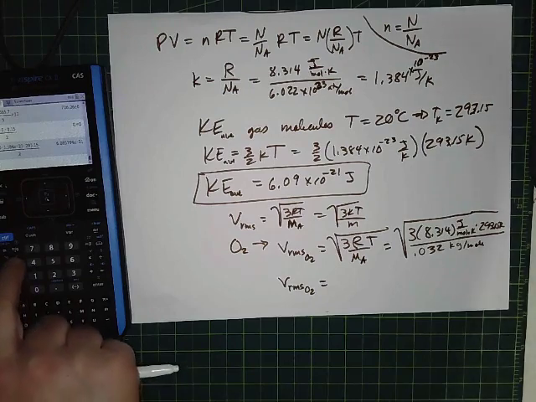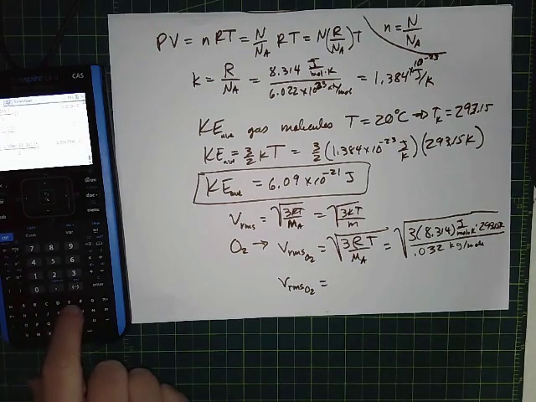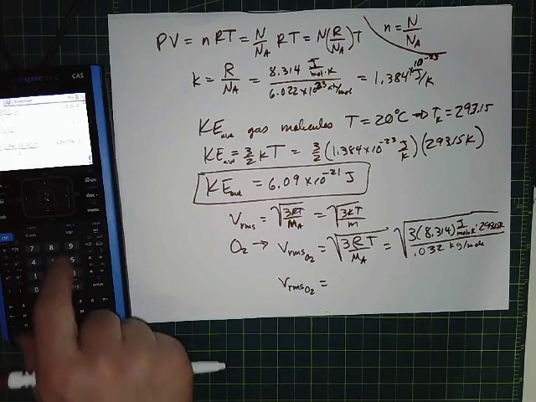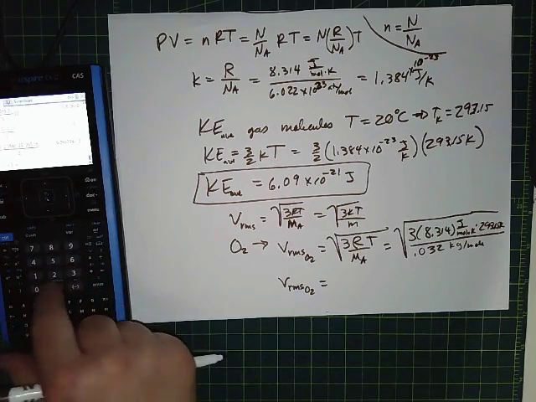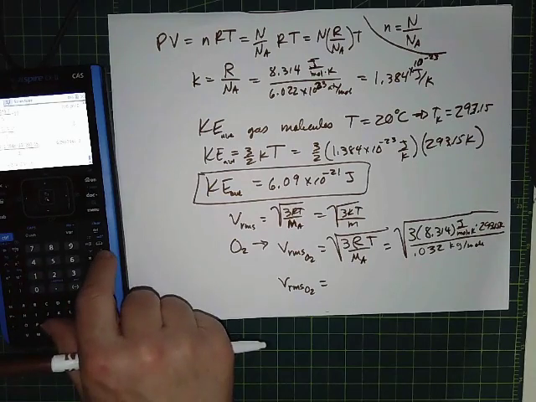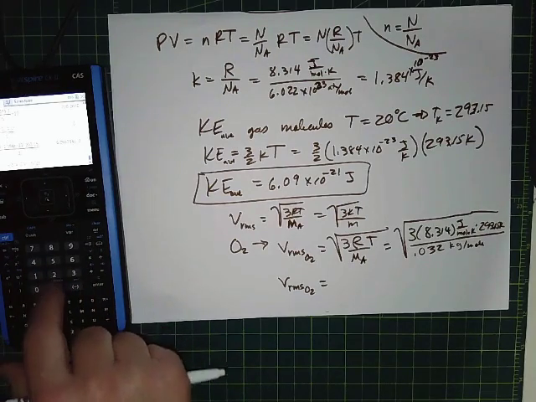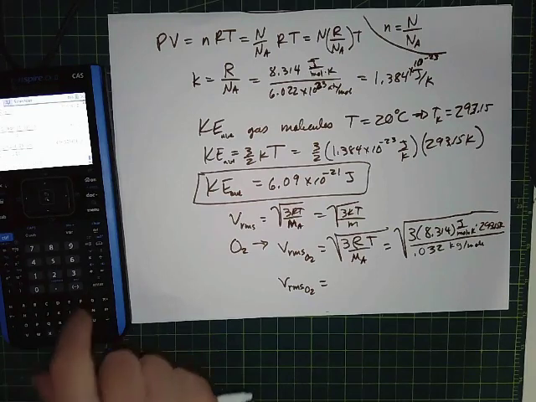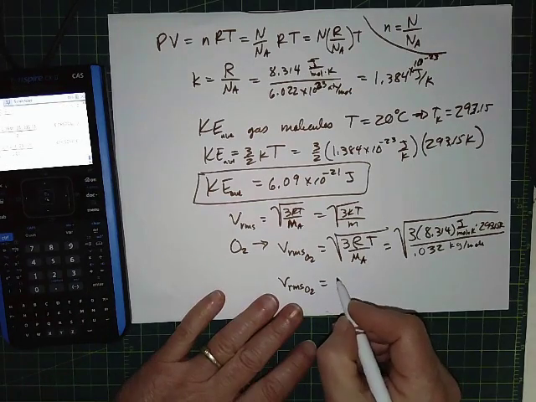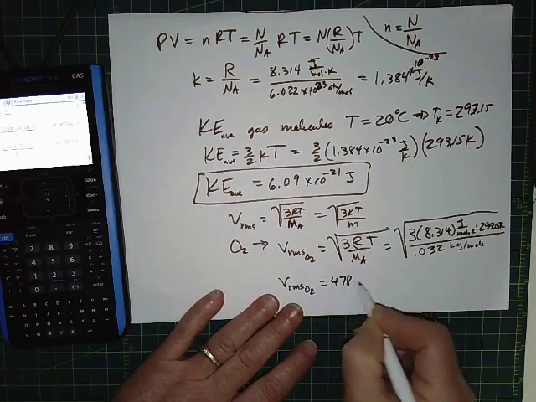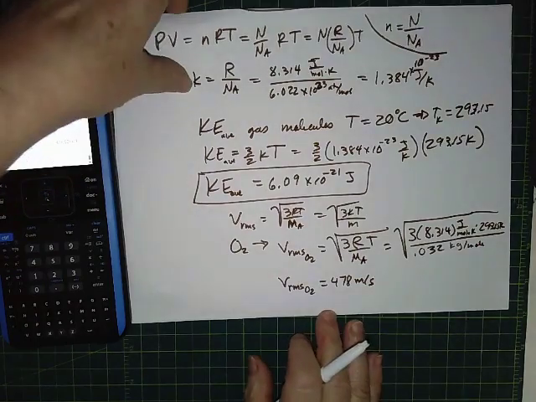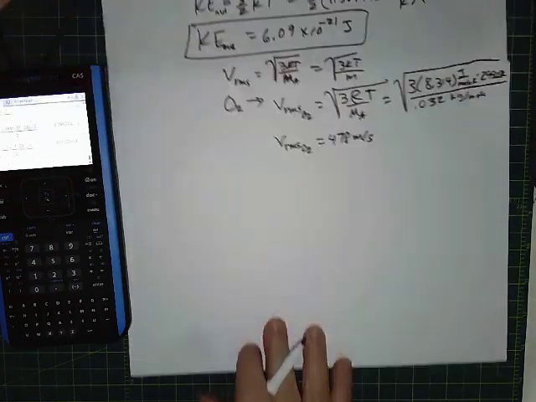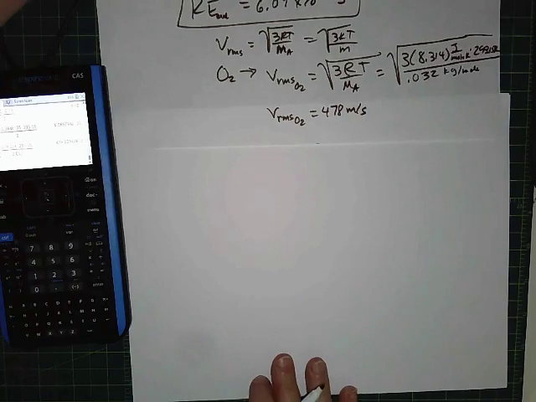Square root of 3 times 8.314 times 293.15 divided by 0.032. Okay, so we got 478 meters per second. So those little oxygen molecules are moving fast. But I think that actually makes sense for tiny little particles.